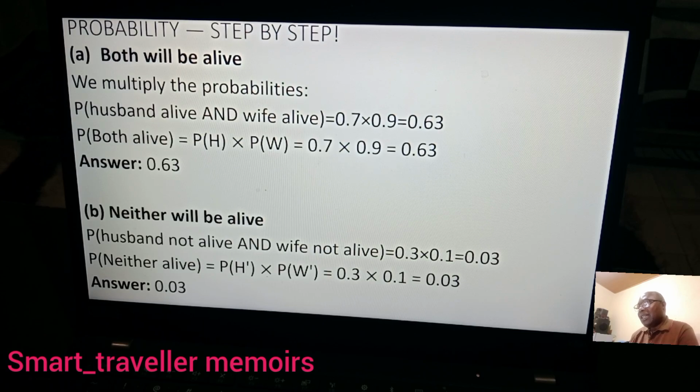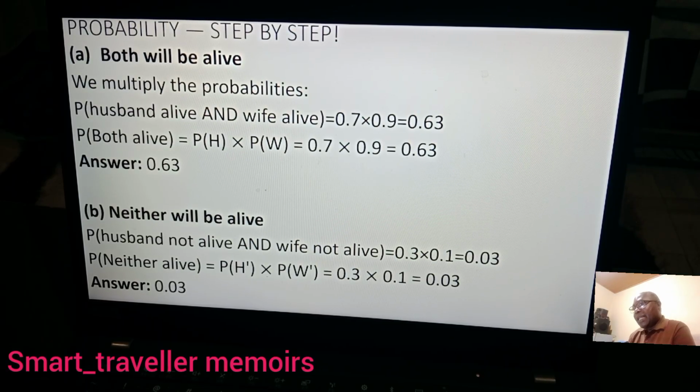Or, mathematically, when you are working, you just say P both alive is equal to PH, which means the probability of husband, times PW, the probability of the wife, and it is going to be 0.7 times 0.9, which is 0.63. The answer is 0.63.